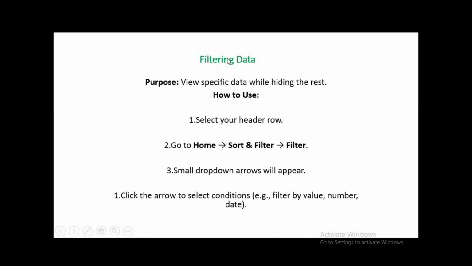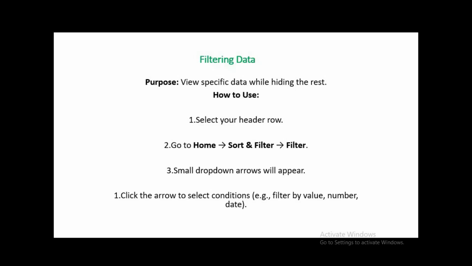The next thing we are going to look at in our table of content is filtering data in Excel. What does filtering of data mean? The purpose of filtering your data in Excel is to view specific data while hiding the rest. Now, how do you do this? First of all, while working with Excel as a data analyst, you must select the columns or the rows or a portion of your data set you are interested in applying changes to.